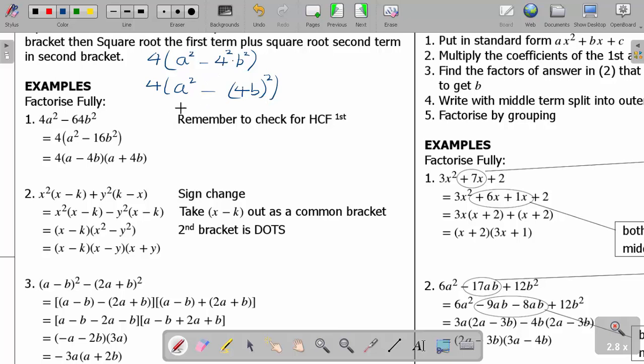So we said when you simplify, it's going to give you what? You take the square root of each. The square root of a squared is going to give us a, and the square root of 4b squared is going to give us 4b. It's going to be 4 into the square root of that one there.